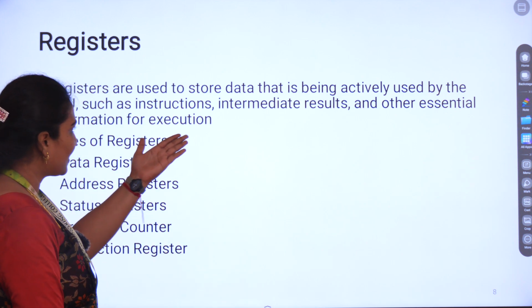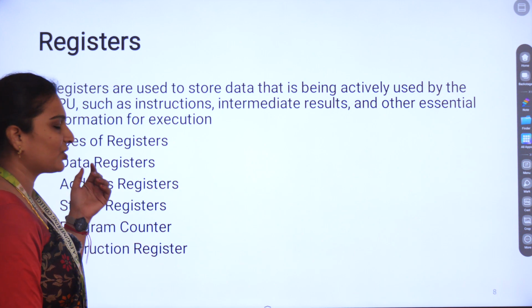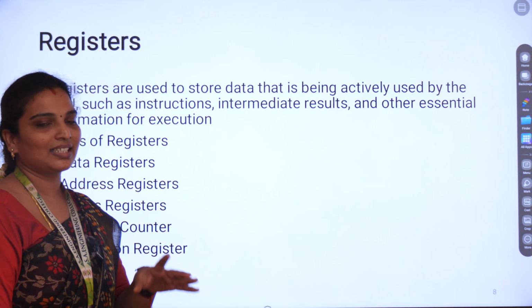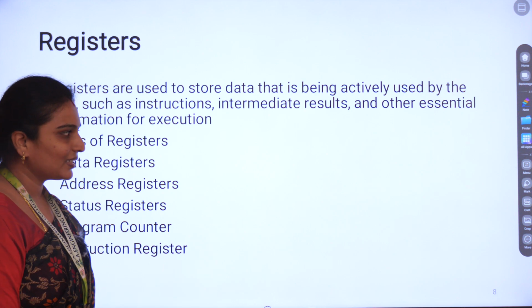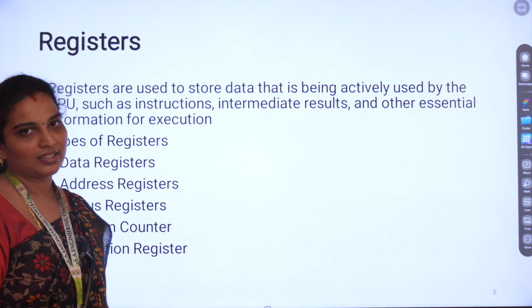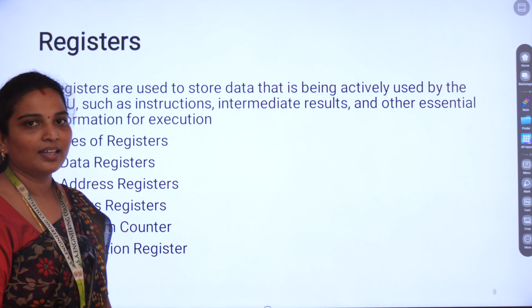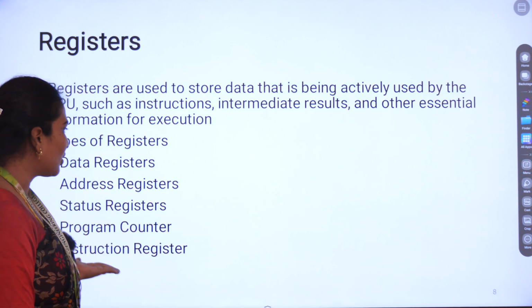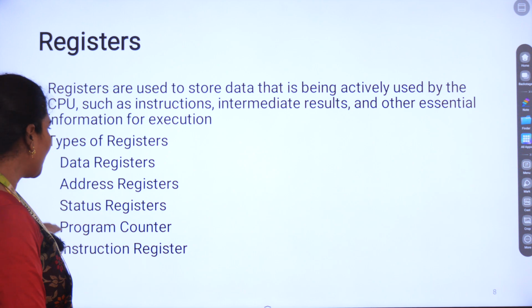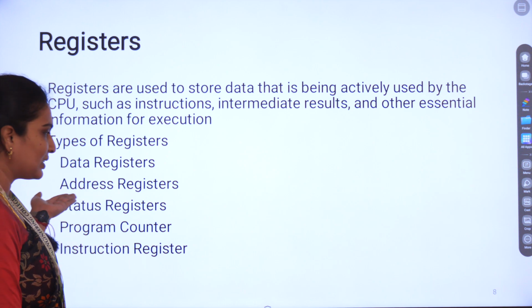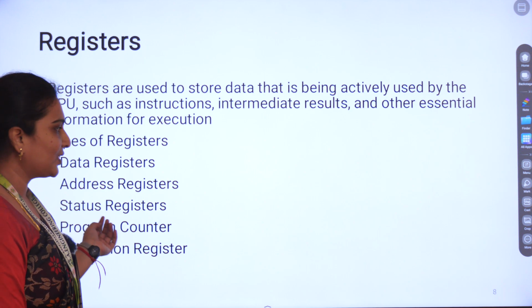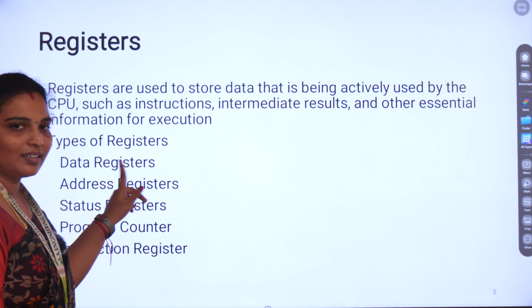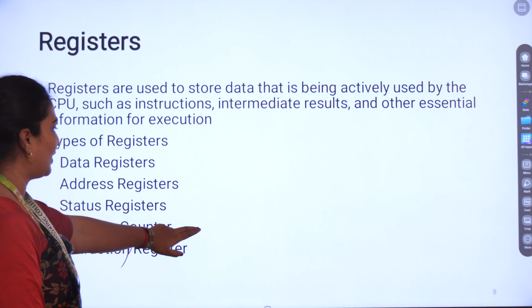For example, data like intermediate results, instructions and other necessary data required for execution, all this data frequently used by the CPU will be present inside the register. The types of register are also listed here: data register, address register, status register, program counter and instruction register. So these are the types of register which are available.